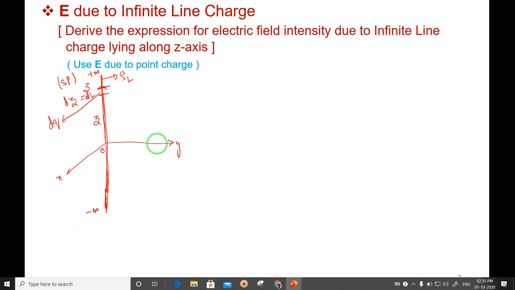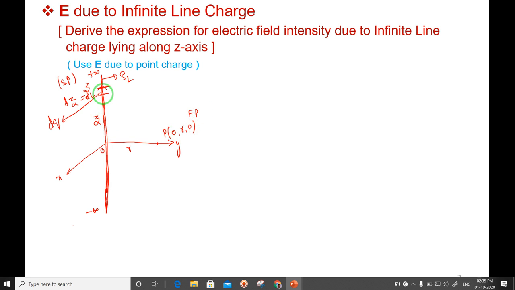Then I will consider the field point here, let me call it P. This field point is located at distance r from the line charge, so the coordinates are x is 0, y is r, and z is 0.